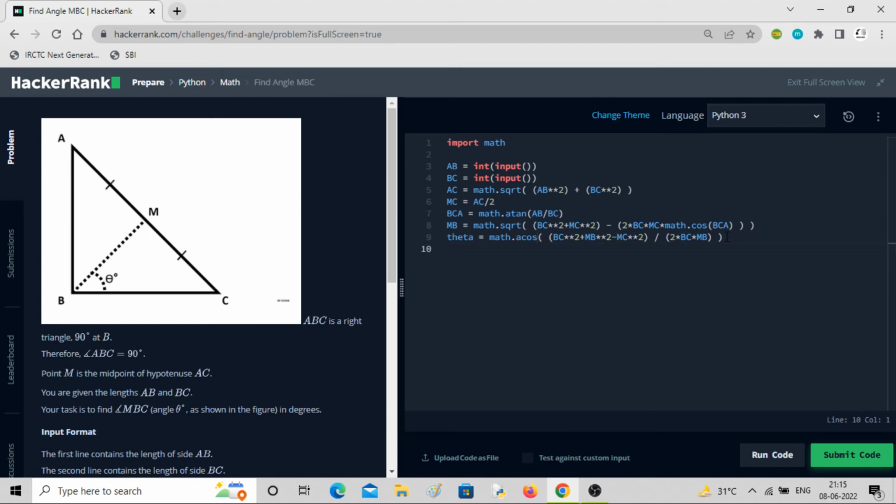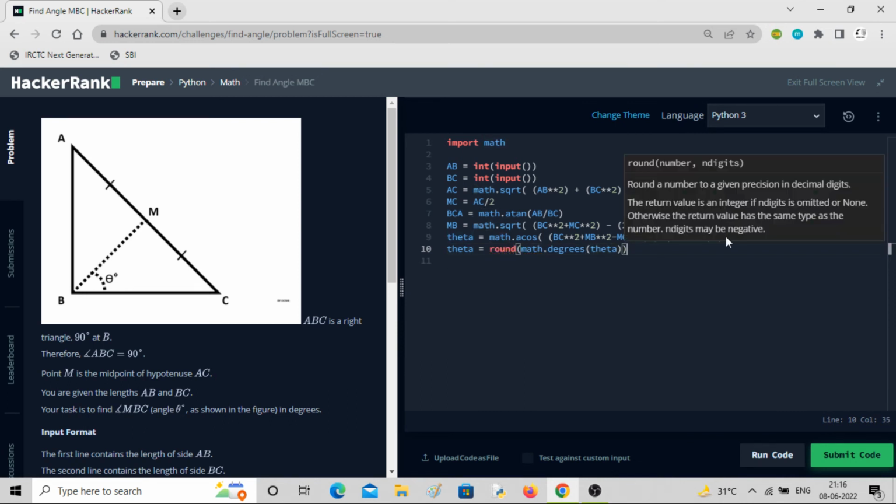Now theta we have to convert into degrees. So theta is equal to math dot degrees theta. Okay, but we also have to round off, so I'll do round.